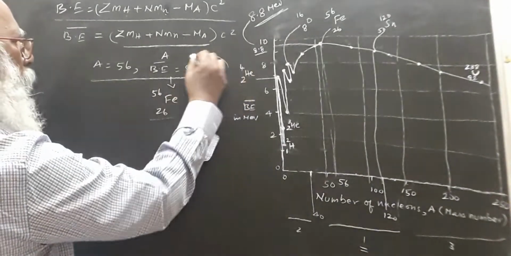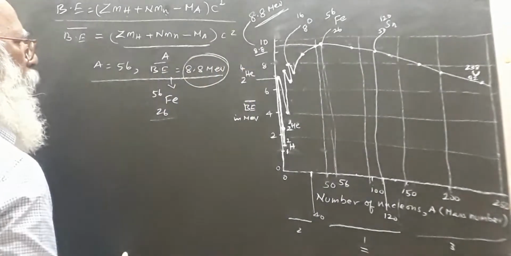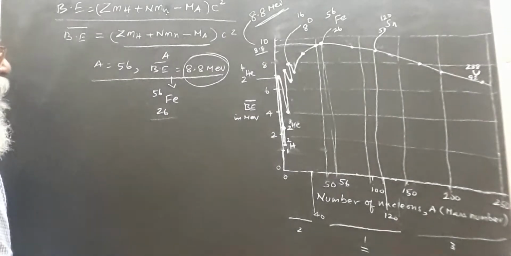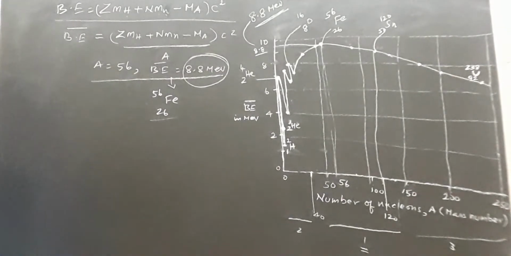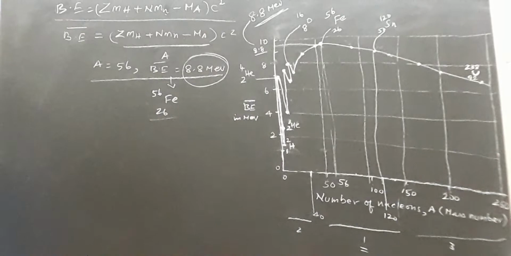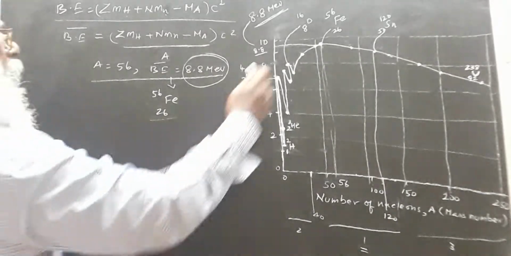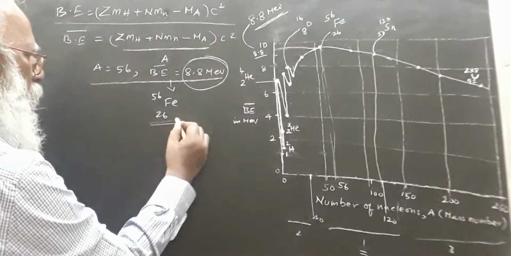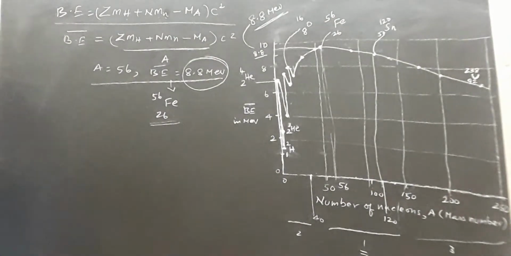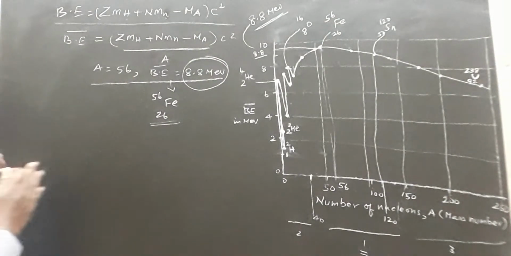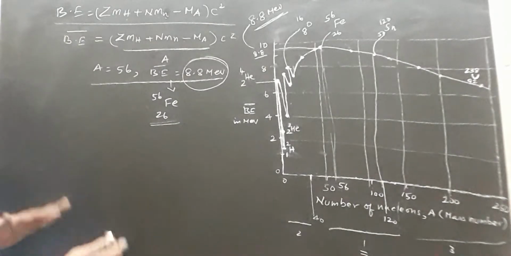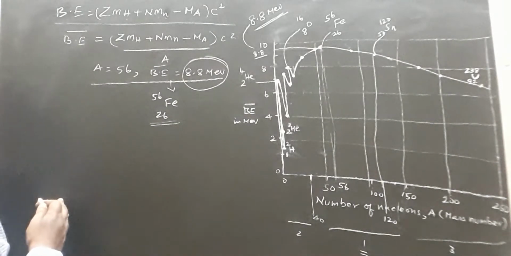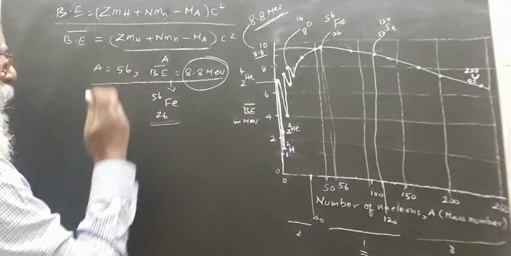It attained the maximum value of 8.8 million electron volt, the highest binding energy per nucleon. This is very strong. You cannot easily break it out, and the fission process will not take place easily.